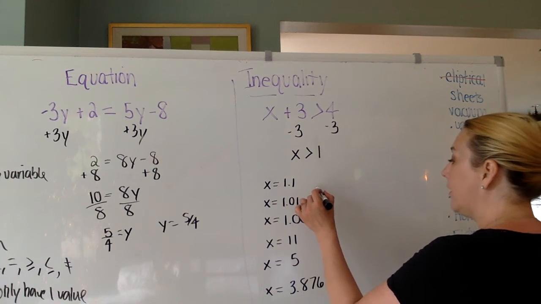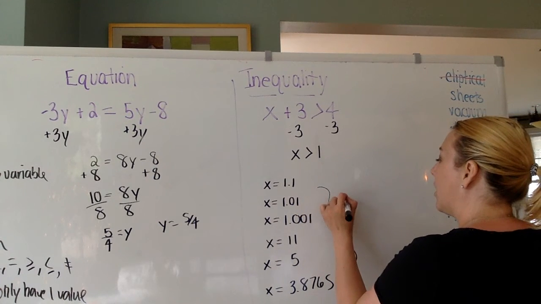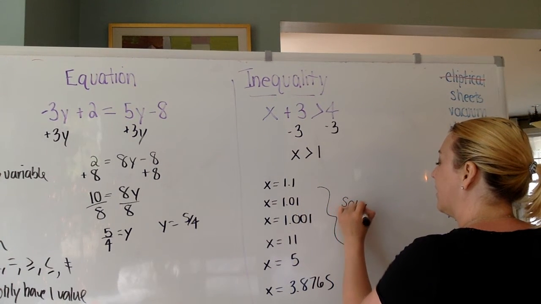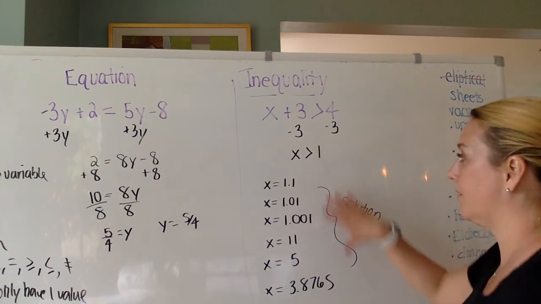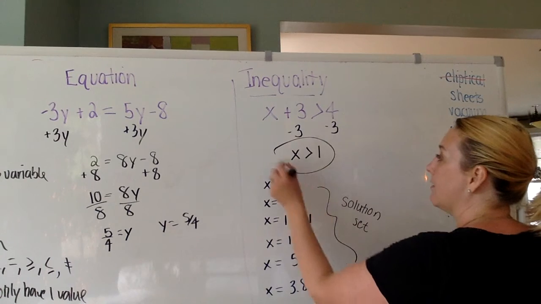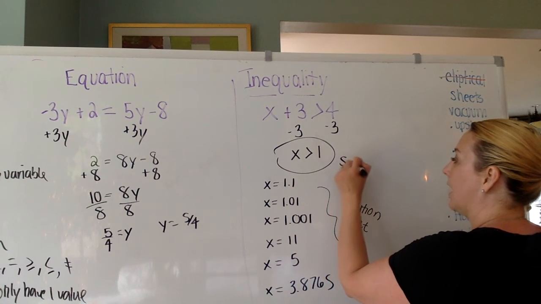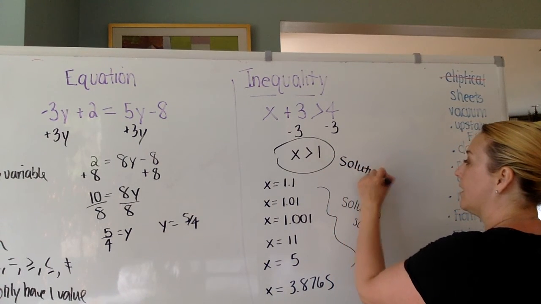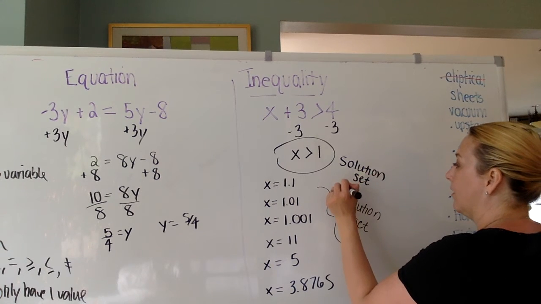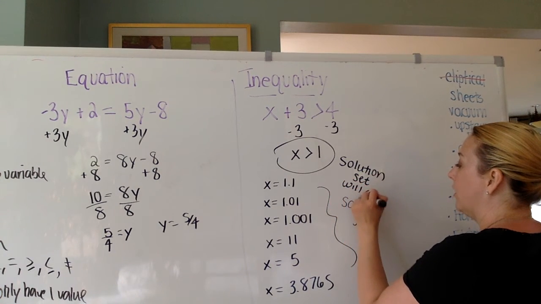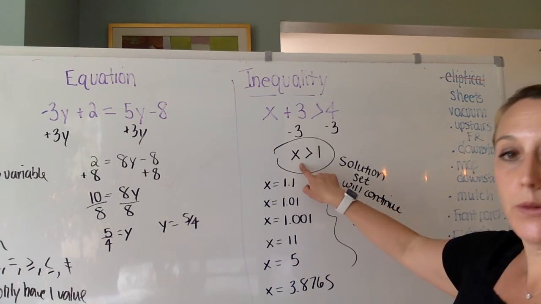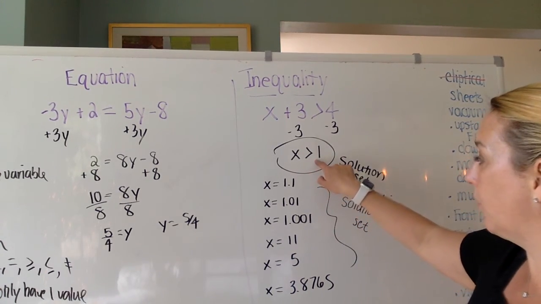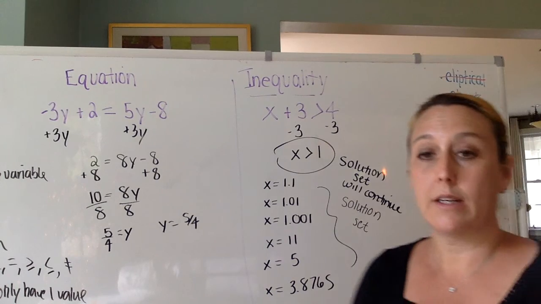And all of these are part of the solution set. That's what this term is, a solution set. It indicates what your solution set will contain: all of your solutions, your set of numbers, have to follow that rule for x to be greater than 1 for this inequality to be true.